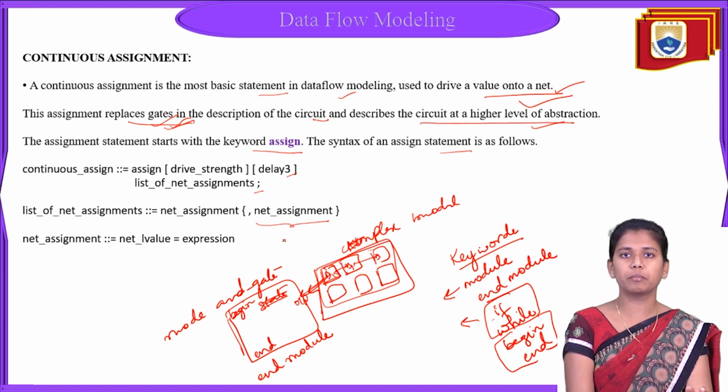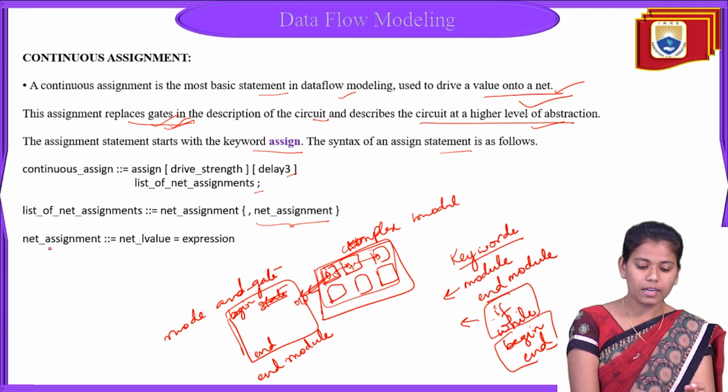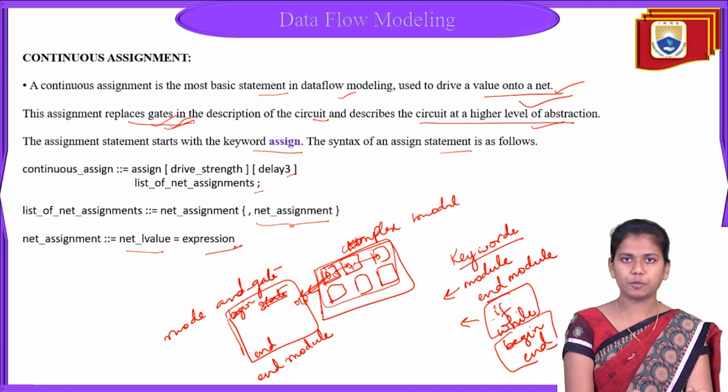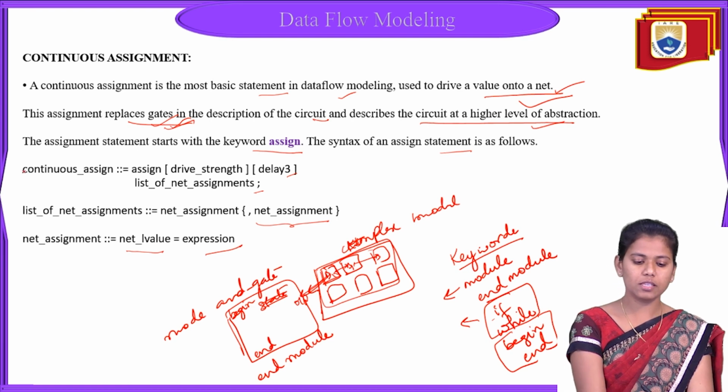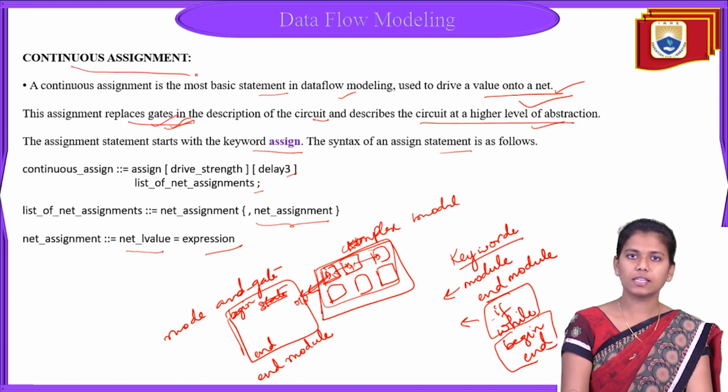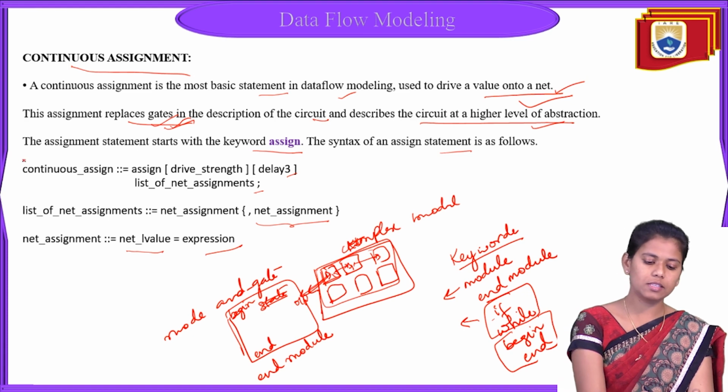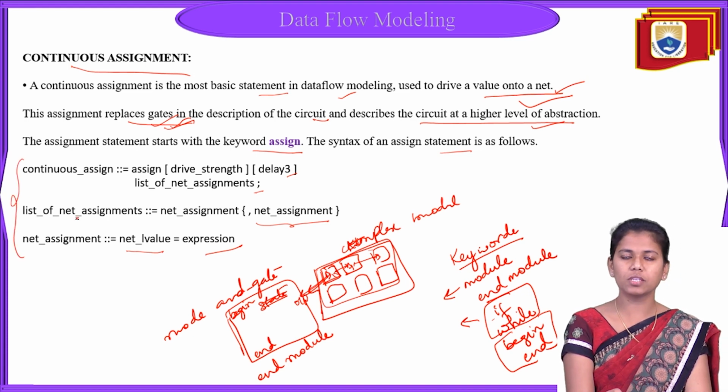What are the net assignments? Net assignments consist of the net values and the expression. So this is all about the continuous assignment statement and the syntax that we are using. Remember that a continuous assignment statement starts with the keyword assign.